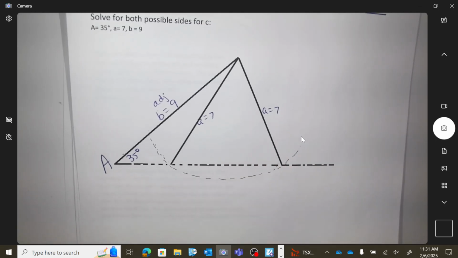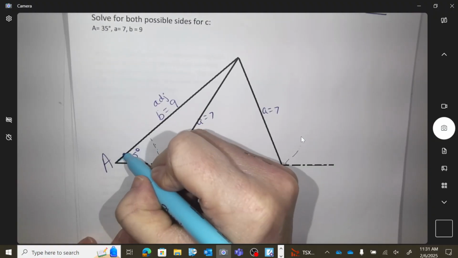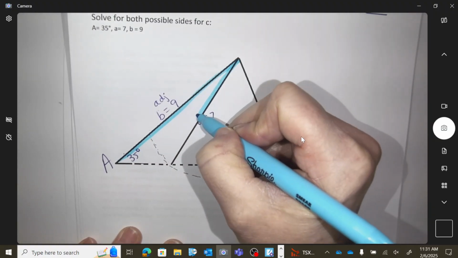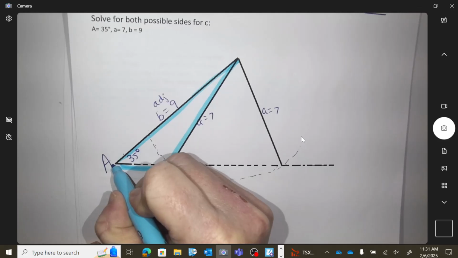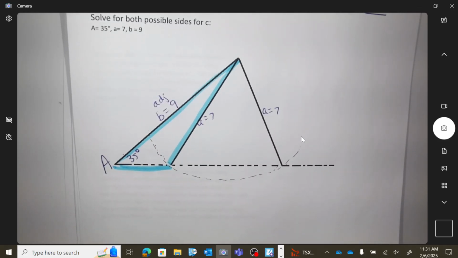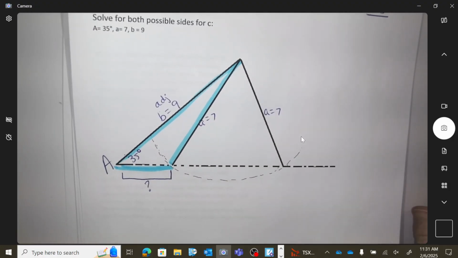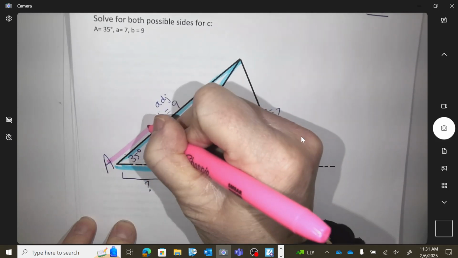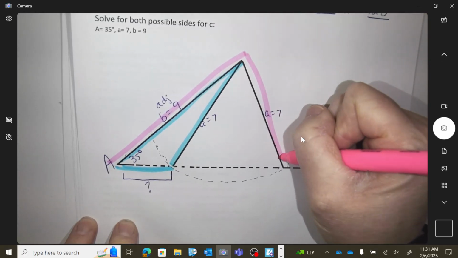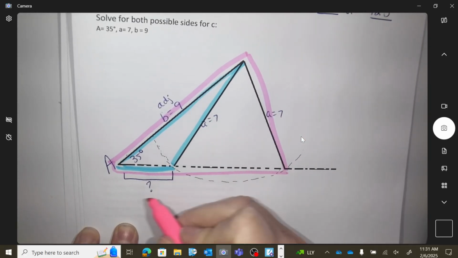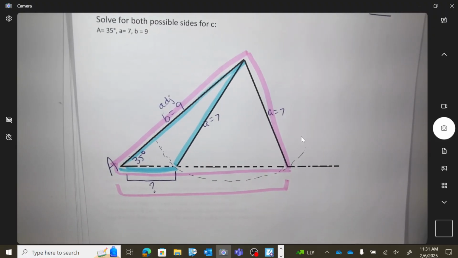Our triangle is going to have 9, 7, and question mark. That's one thing we're going to figure out. So there's one triangle. 9, 7, question mark. What's your other triangle going to look like? 9, 7, and question mark.